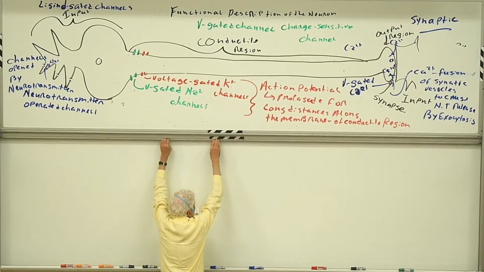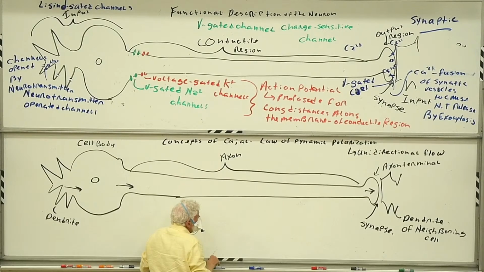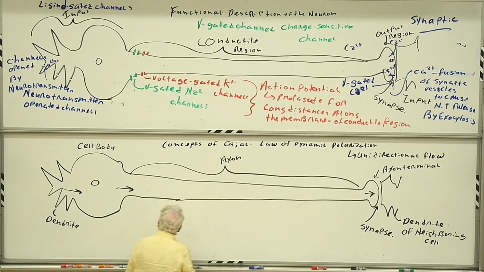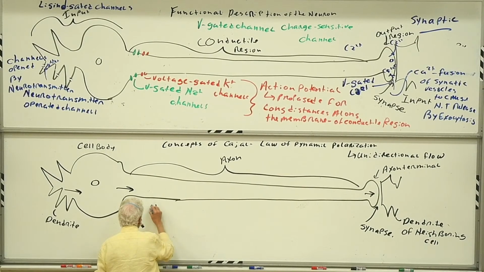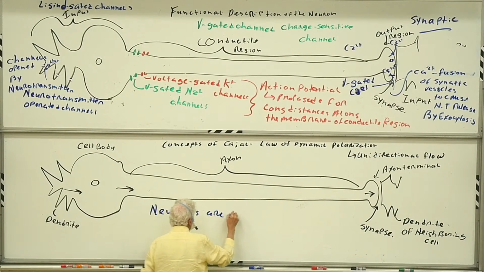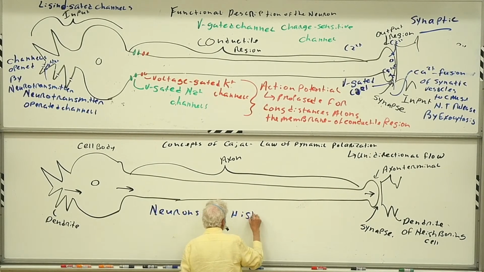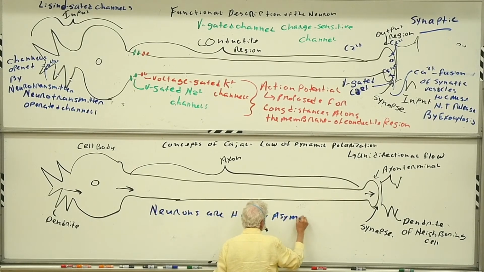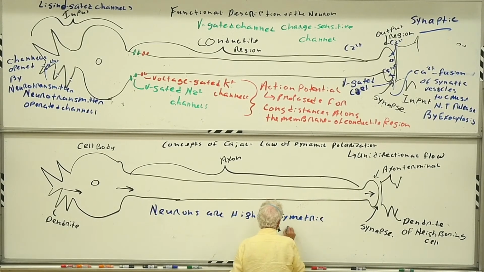And to describe this, we'll begin with this structure, and I'll just point out that neurons are highly asymmetric cells.